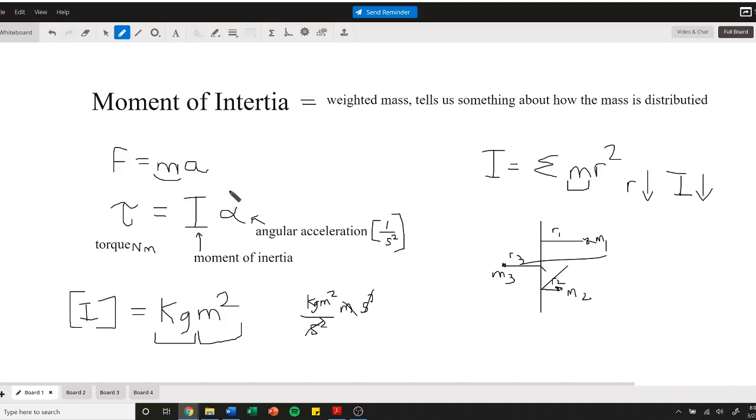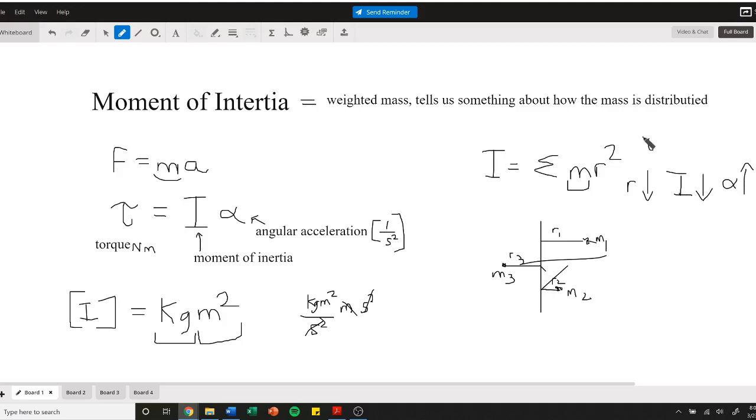And if we look at our TIA equation, if the moment of inertia decreases, and they provided the same torque, they only pushed off once, so it's the same force, the angular acceleration has to go up. So torque constant, mass constant. If inertia goes down, then acceleration goes up.